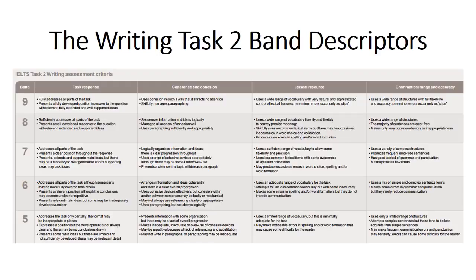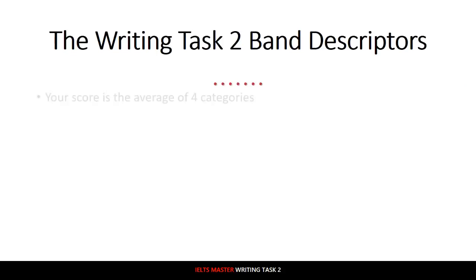And then we have 4 categories: task response, coherence and cohesion, lexical resource, and grammatical range and accuracy. Under each category, you can look at the score and the category to see what you need for each score. Let's look in a bit more detail.